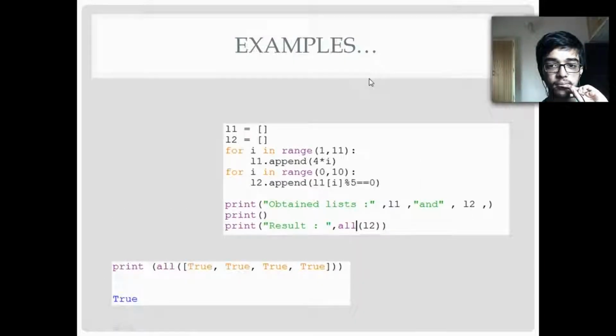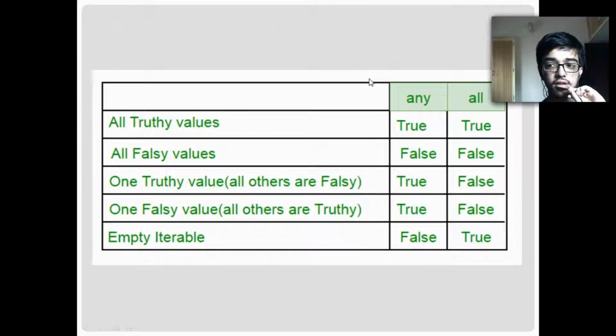So to sum up what I said, here's a tabular comparison. All truthy values: it's universal. Whether it's the any function or the all function, the output will always be True. All falsy values or false values: any and all is also universal. The result will always be False.